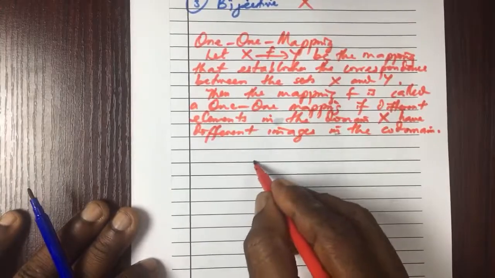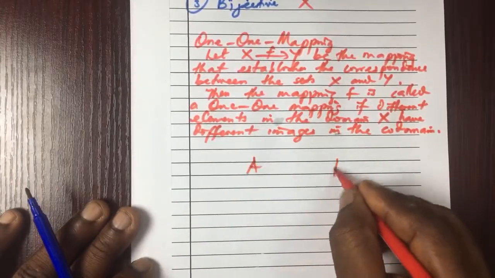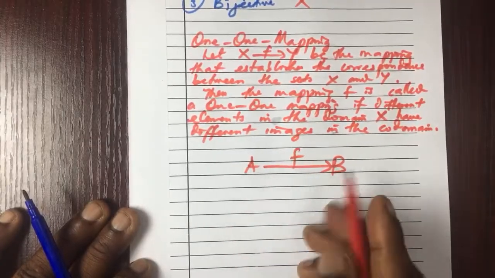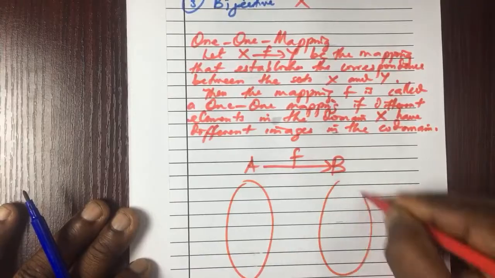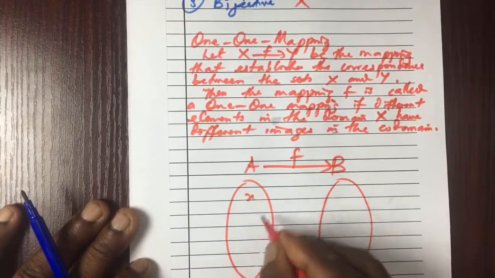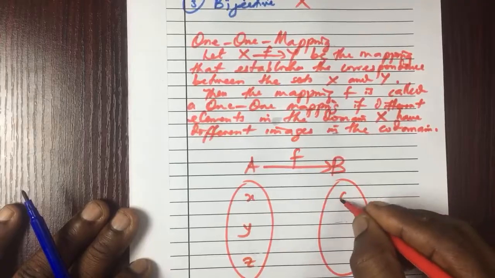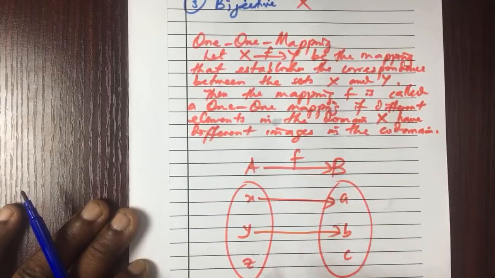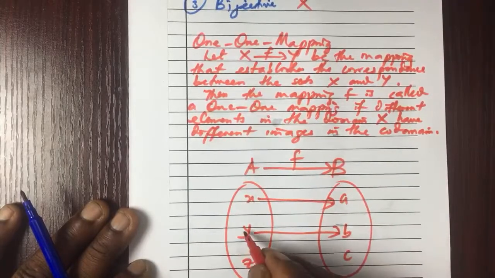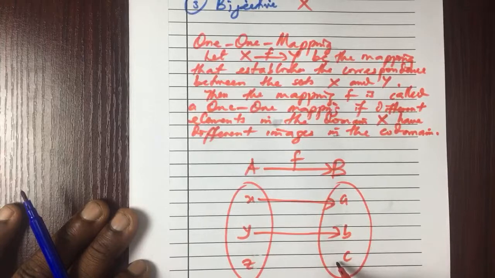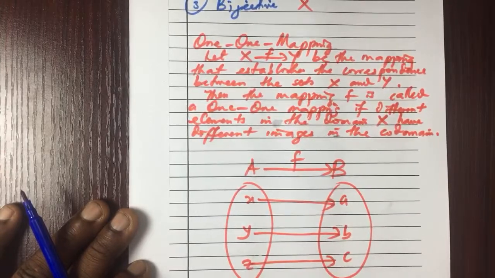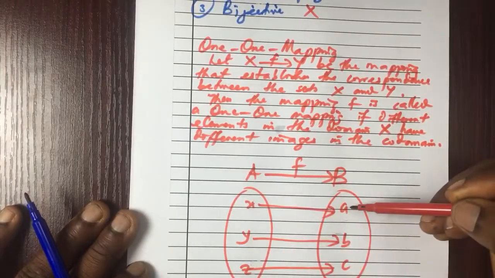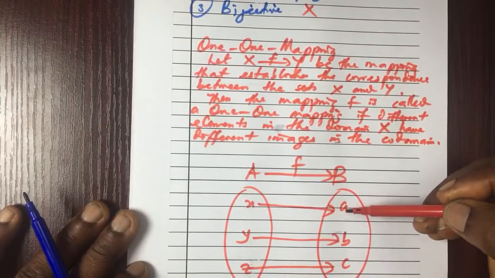Let me show you this. An example of a one-to-one mapping is a mapping like this. Let F be a mapping from A to B, such that A is my domain and B is my codomain. If I have X, Y, Z here, and I have A, B, C, such that X is assigned to A, Y is assigned to B, and Z is assigned to C, then you will notice that every element in A has an image in B, and the images are different.